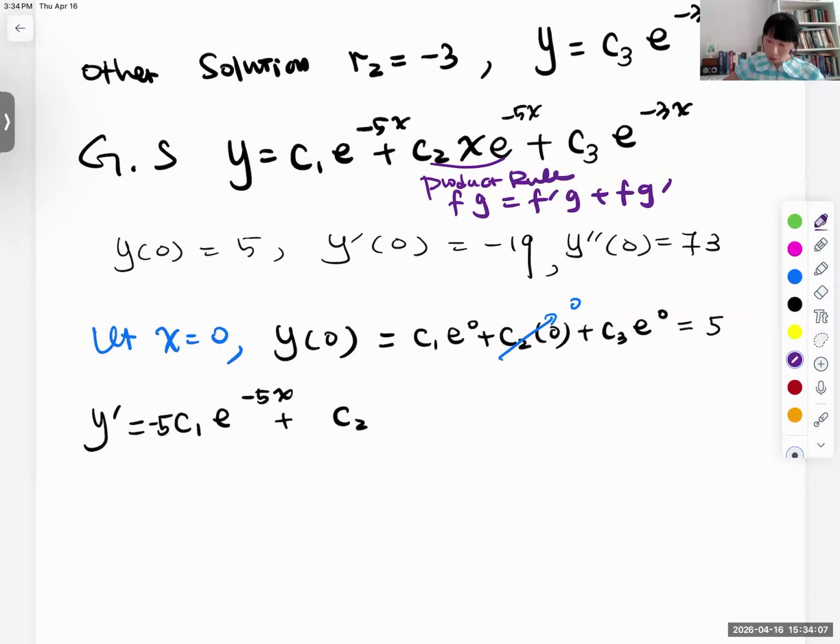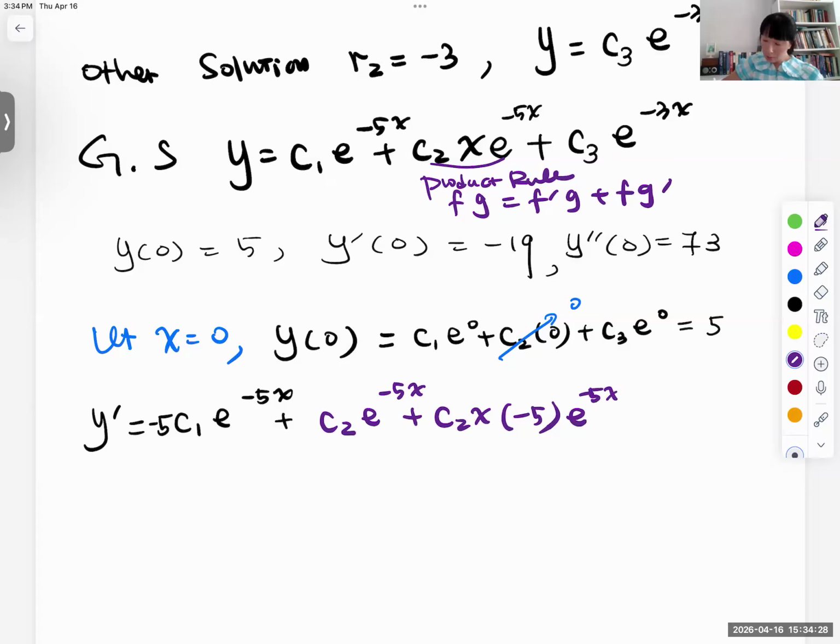So we will get f prime, which is c sub 2, and g, which is e to the negative 5x, plus f, c sub 2 x, g prime, which is negative 5 e to the negative 5x.